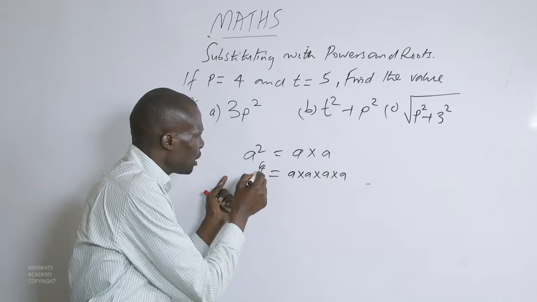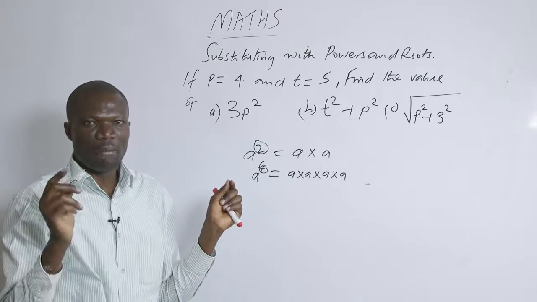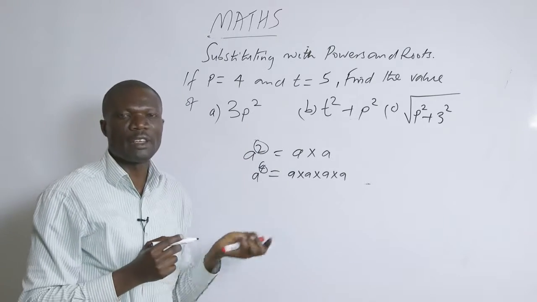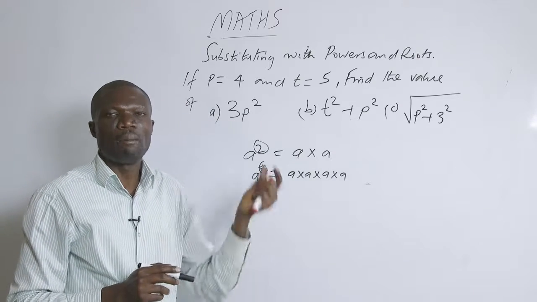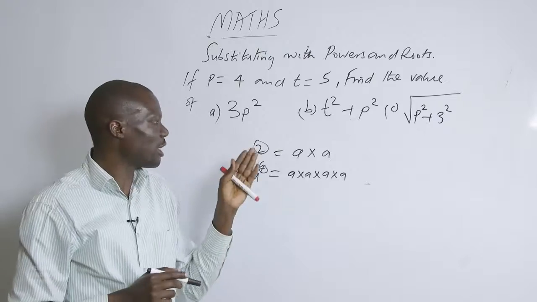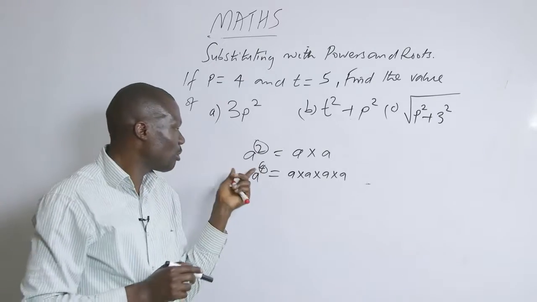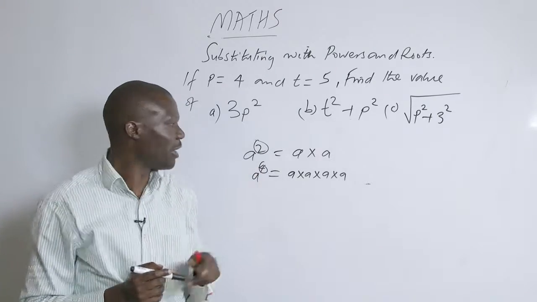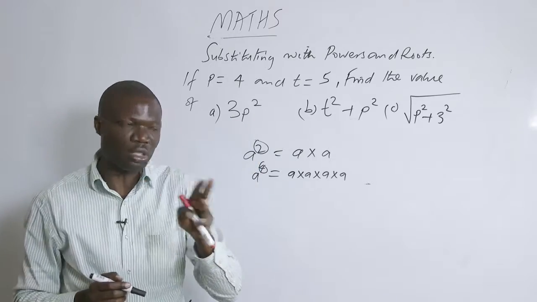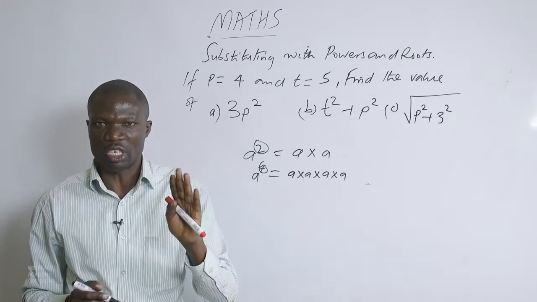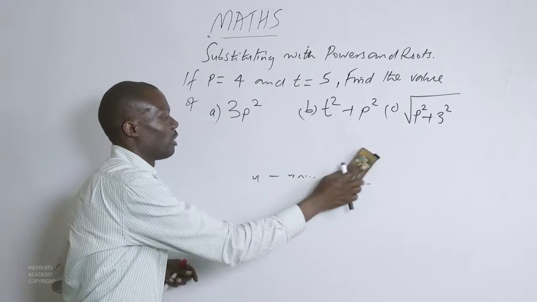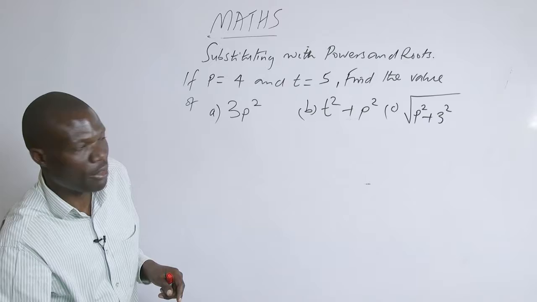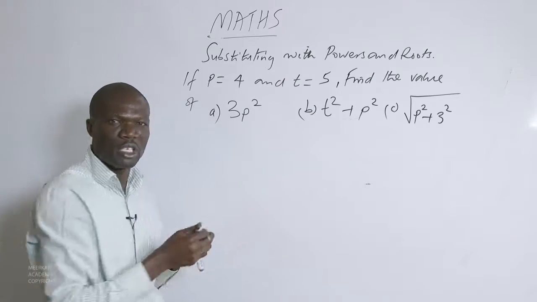So the moment you see powers, put in mind that it is that particular number or pronumeral or variable multiplied by itself, and the number of times is equivalent to the power that we have. If it is 2, it is 2 times. If it is 4, it is 4 times. So when we come back to our question, it reads 3P squared.